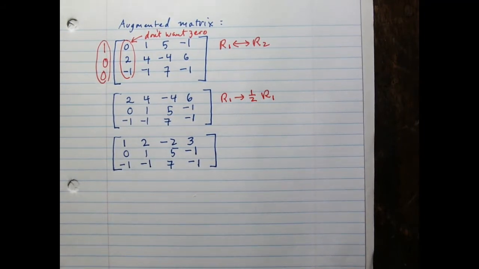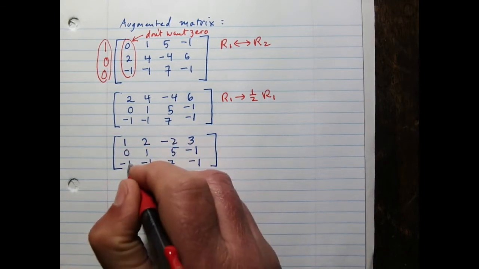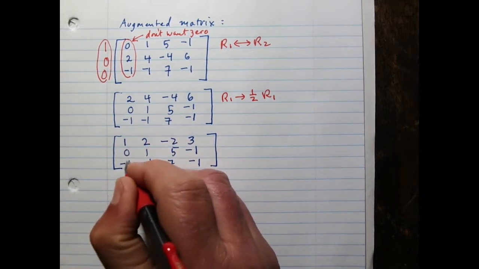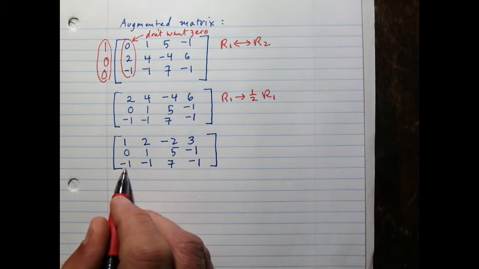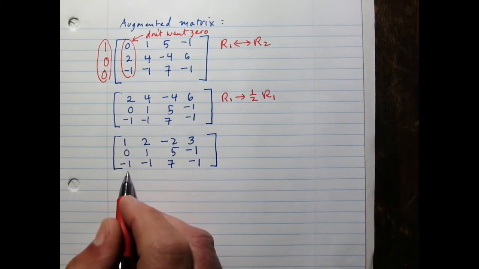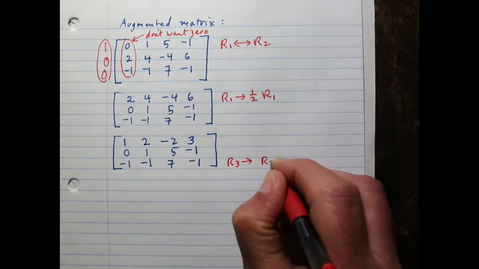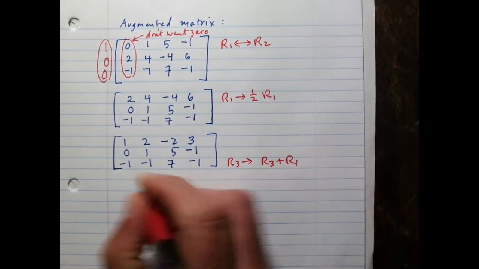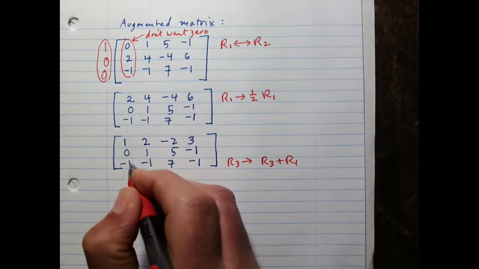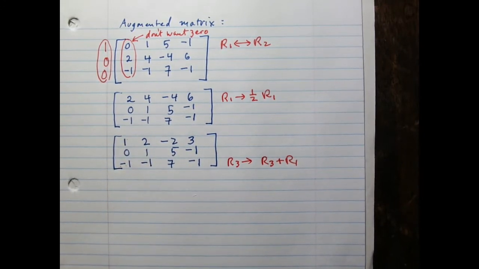And now I want to get a 0 in the first position of this last row, right? I want 1, 0, 0 coming down the first column. So row 3, I'm going to replace with row 3 plus row 1, because if I just add this 1 to it, it will become 0.